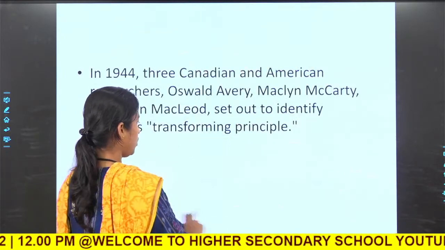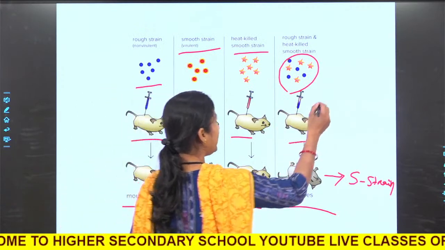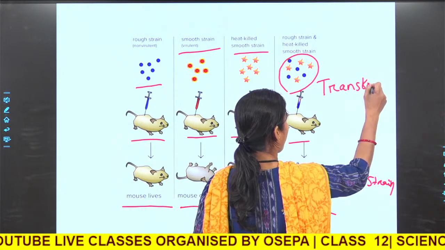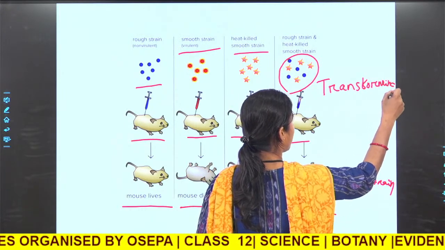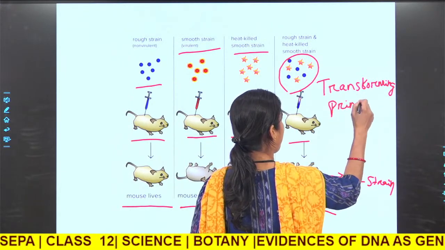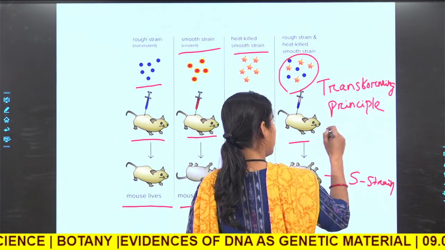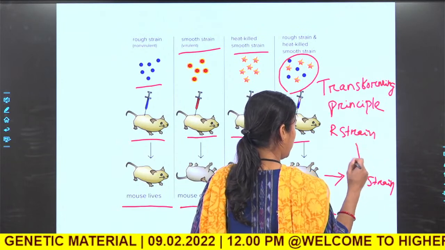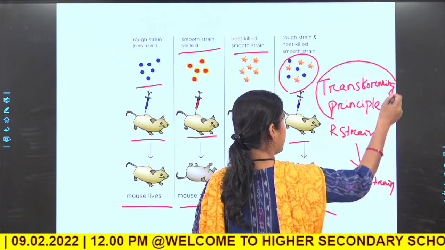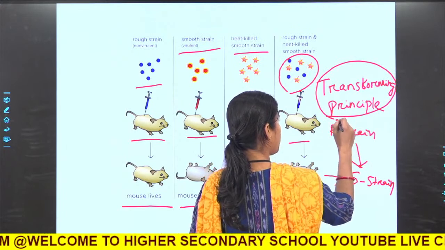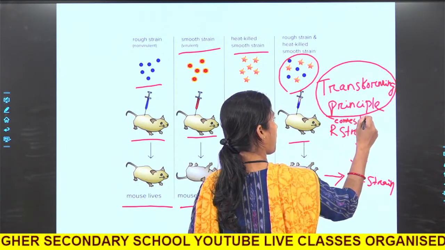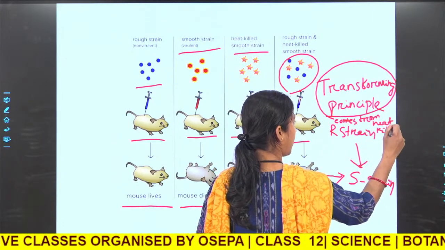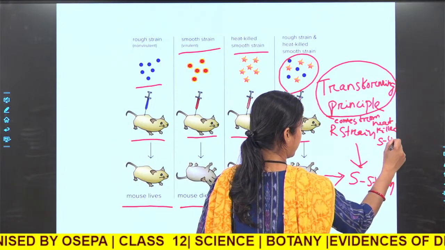So what did he conclude? He concluded that there is some transforming principle which converts the R strain into the S strain, and this transforming principle comes from the heat-killed S strain.